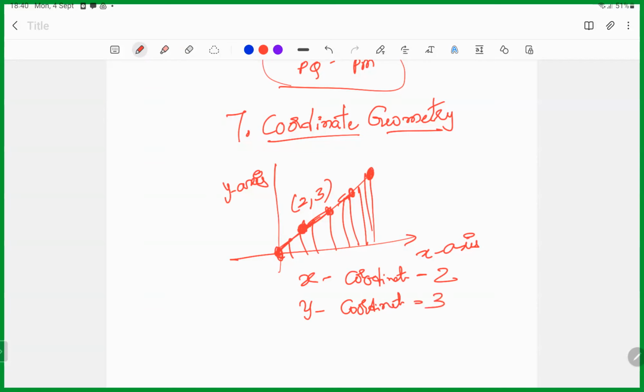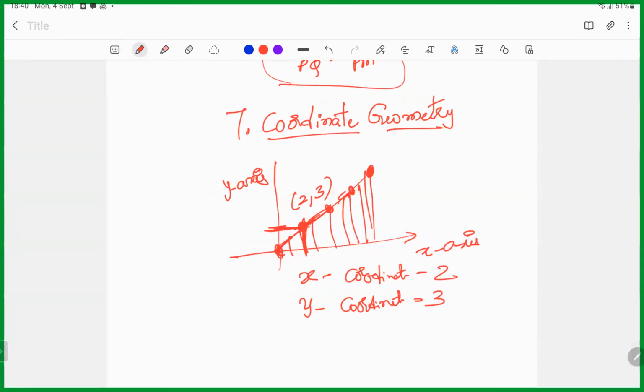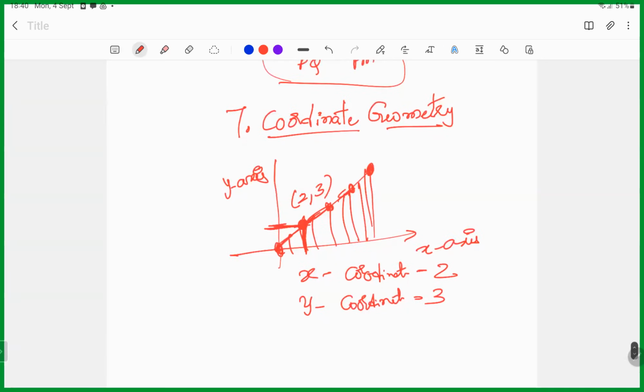So the x coordinate is nothing but the distance from the y axis, the vertical axis. The distance from the horizontal axis is the y coordinate. The x coordinate is also called abscissa. The y coordinate is called ordinate. Right?